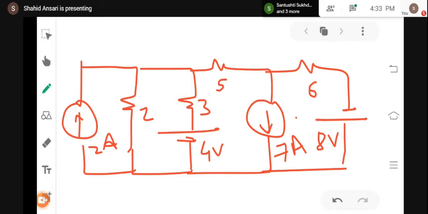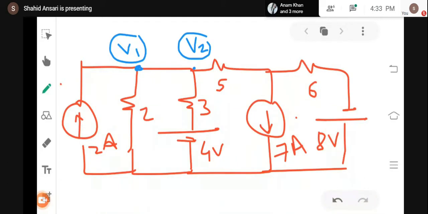Let's first identify the number of nodes connected in the circuit. How many nodes do we have in this particular numerical? Identify the nodes, the total number of nodes. This one can be considered as node 1. Can I write V1? Then this one can be considered as node 2. Is it correct or not?